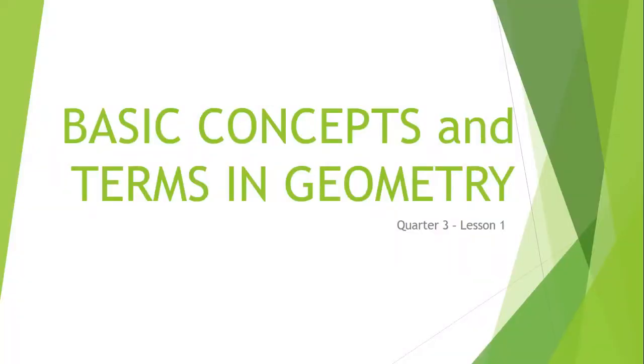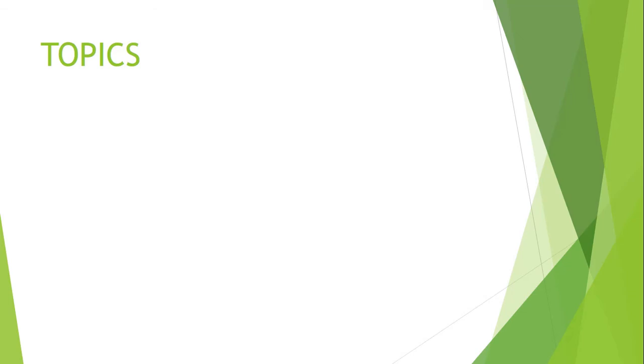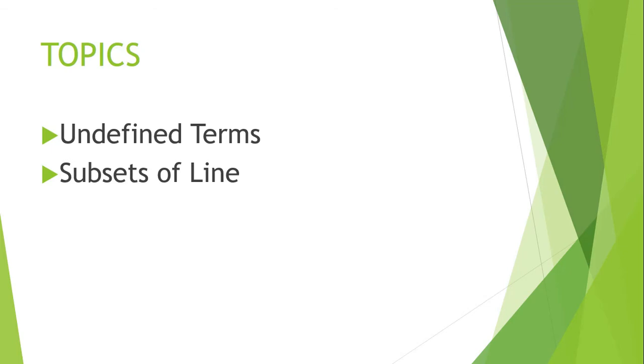So keep on watching. We are still on the first lesson of the third quarter, which is the basic concepts and terms in geometry. And this is still our module for this week. This module contains these topics: the undefined terms, subsets of line, and angles.